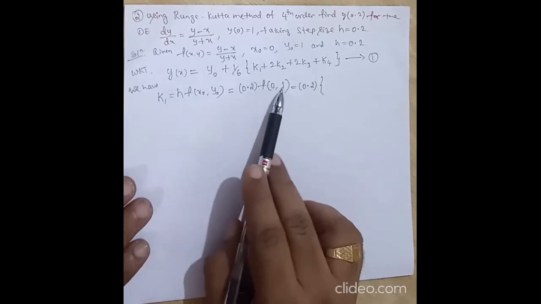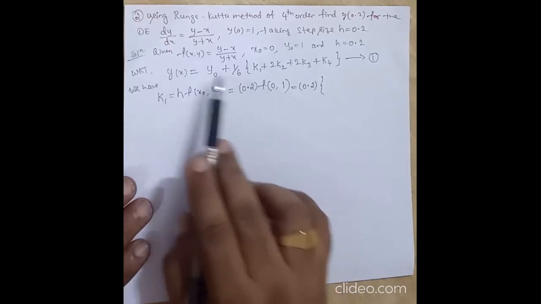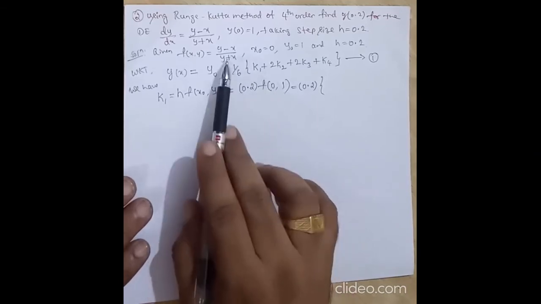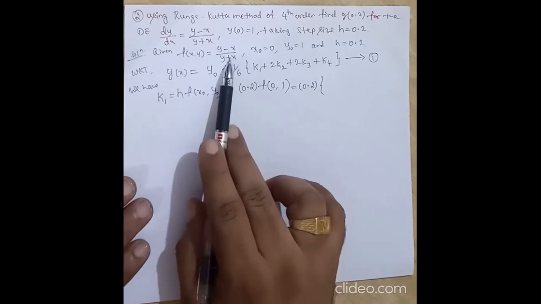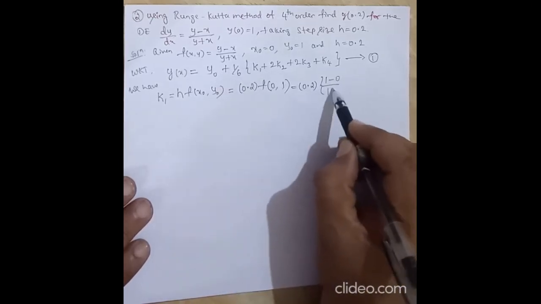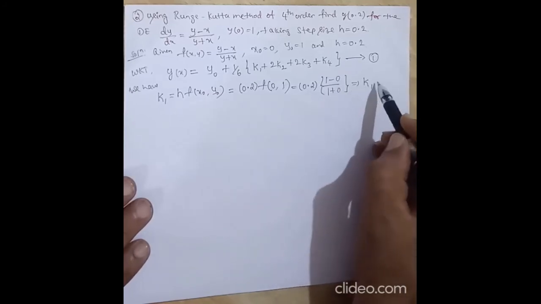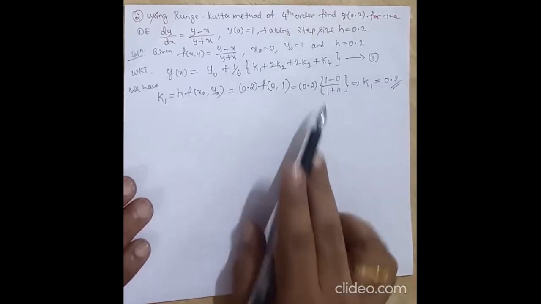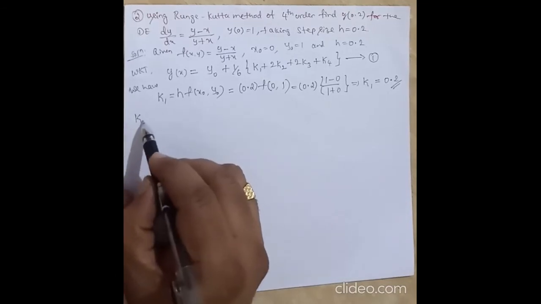I want f of 0 comma 1. I mean in place of x we have 0 and in place of y we have 1 here. So let us substitute now. So y is 1 and x is 0. So it becomes 1 minus 0 divided by 1 plus 0. So if we simplify this, we get the value of k1, and k1 for this is 0.2. Now similarly k2.